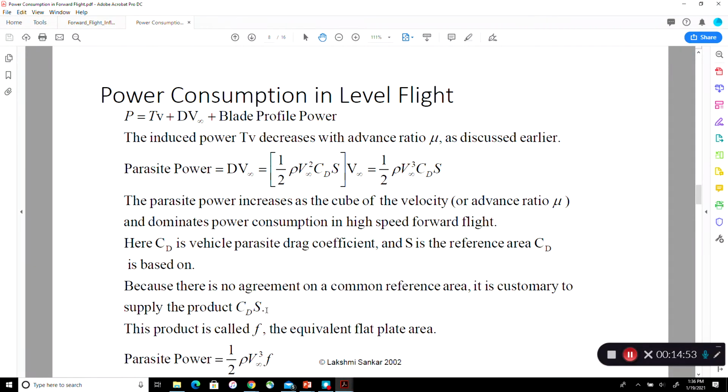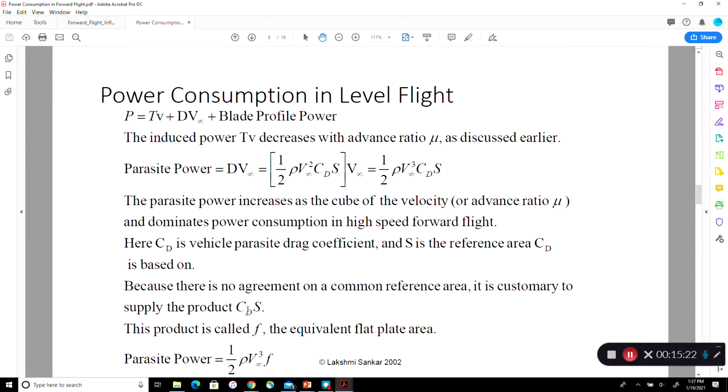Then the projected area of the flat plate facing the wind is S, which would be this quantity F. The drag would be 1/2 rho V squared times F. That will be the drag on the flat plate. So we are using CD times S, therefore it's called an equivalent flat plate area, as though the rotor is converted into a flat plate of this area.